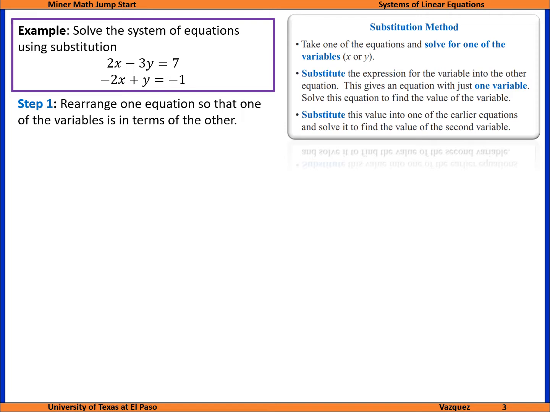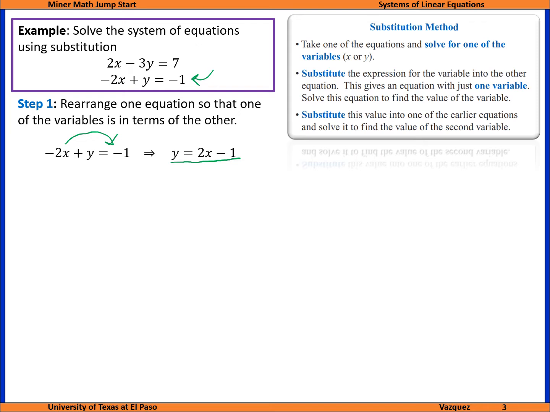What does that mean? Let's take this second equation. We move the -2x to the other side so it becomes a positive 2x, and now we have y equals 2x minus 1. This is what we mean by that.